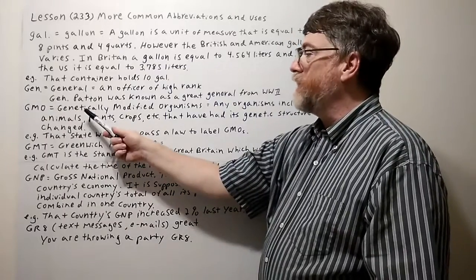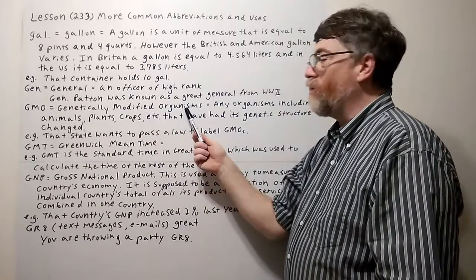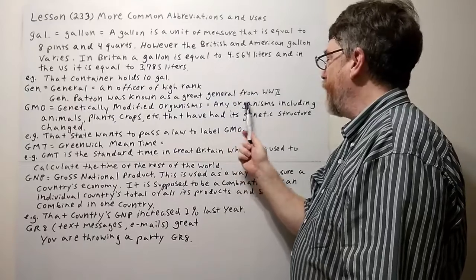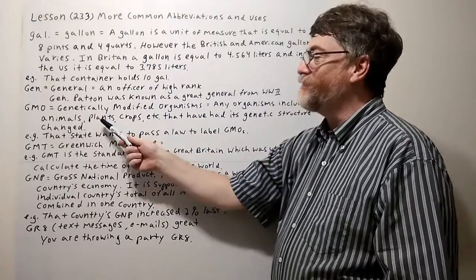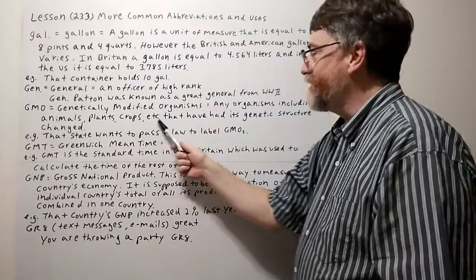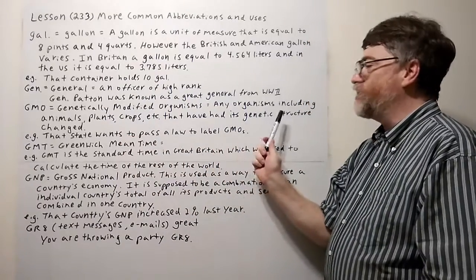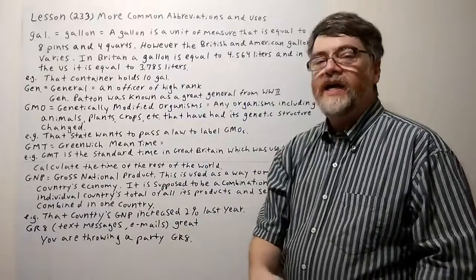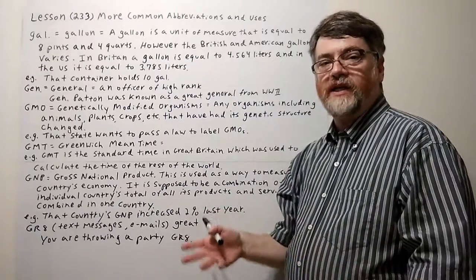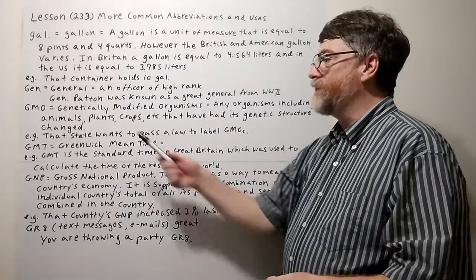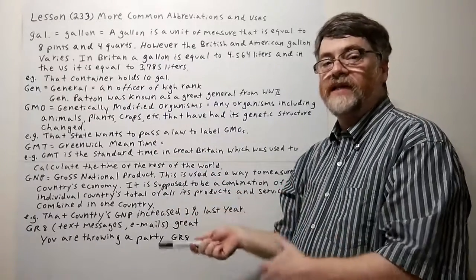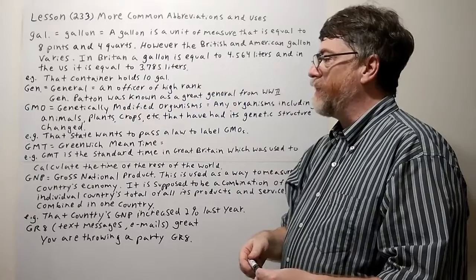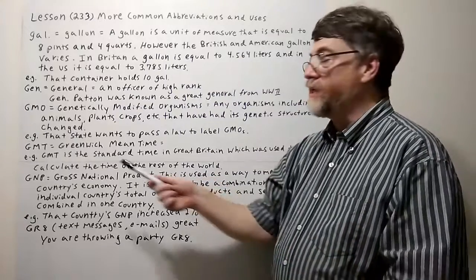GMO, of course, stands for Genetically Modified Organisms. Any organisms, including ants, animals, plants, crops, etc., that have had their genetic structure changed. Especially in recent years, there's been a lot of bad press about GMOs, and the company that makes most of them, Monsanto. So let's look at the example sentence here.